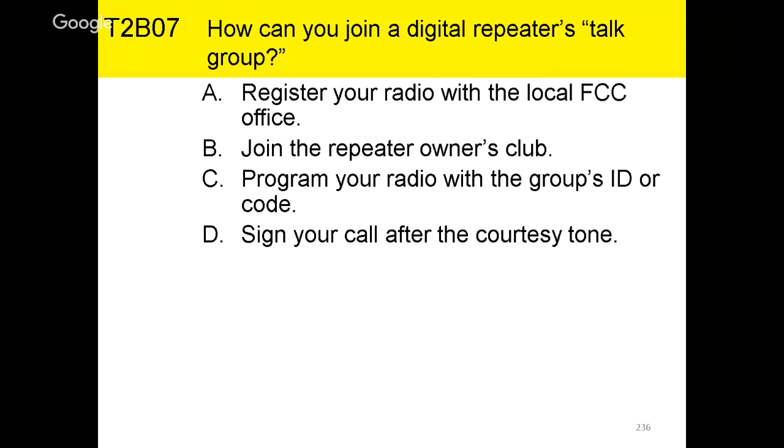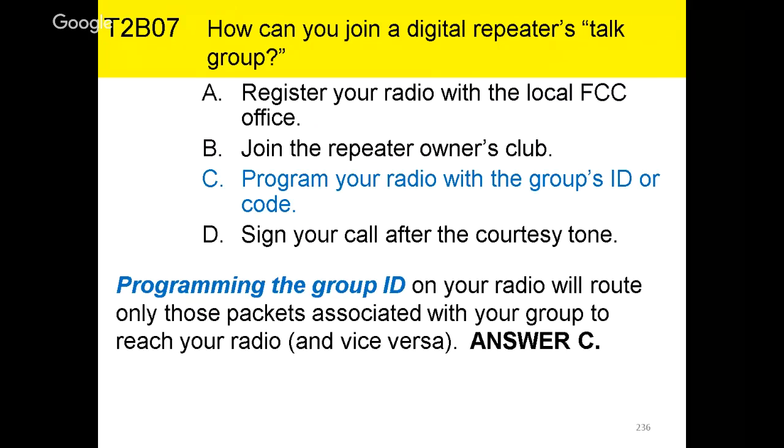How can you join a digital repeater's talk group? One of the easiest ways is to just program your radio with the group's ID or code. This will automatically route the packets associated with that group to reach your radio and vice versa. I have three talk groups set up on the same frequency.